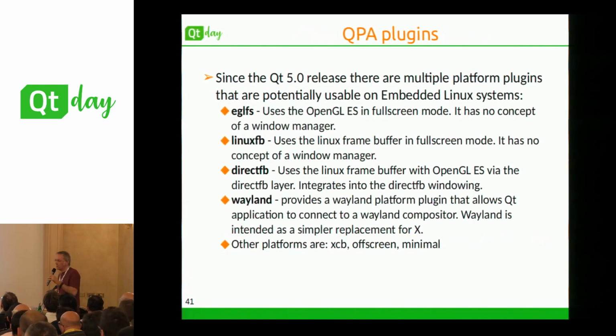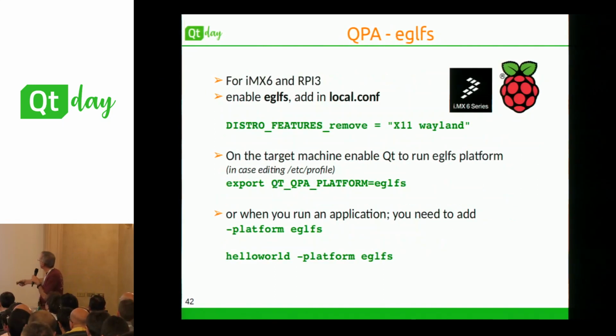And what do you need to set up? The first thing you need is to understand if your hardware is supporting one of these components. Typically, we have AGLFS with the i.MX6 or Raspberry Pi.